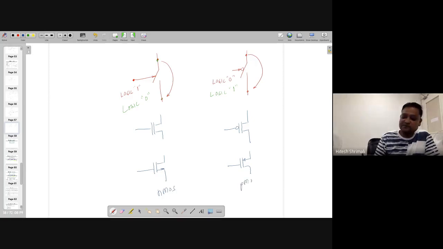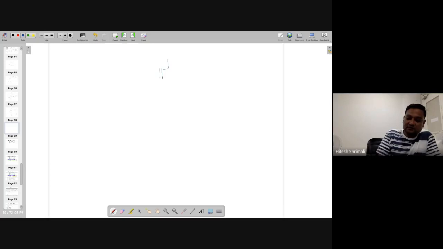PMOS is the one through which you can make the switch which works on inverted logic, whereas you can create a switch which works on logic 1. So you can replace the whole thing with two transistors that look like this. Let's assume that I'm keeping VDD here, I'm keeping this one here as 0, and I'm connecting here as follows.